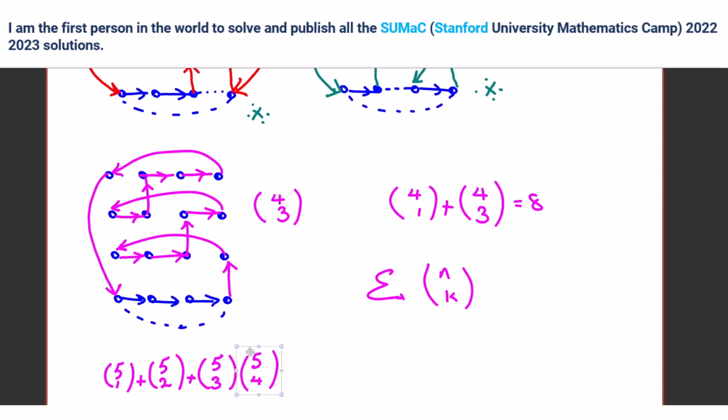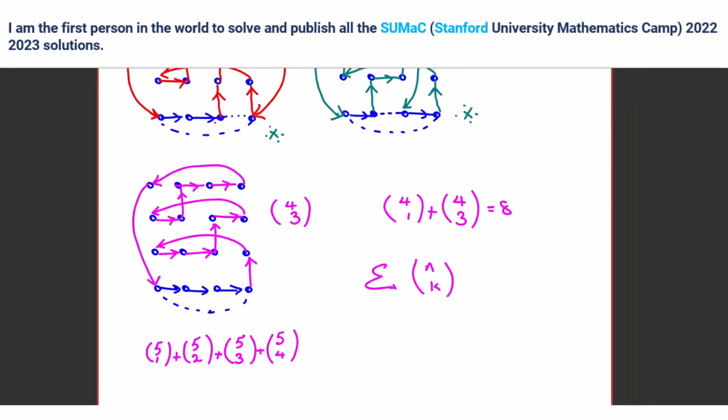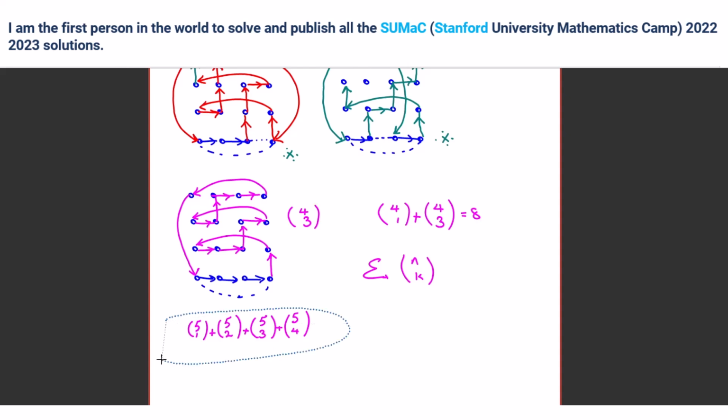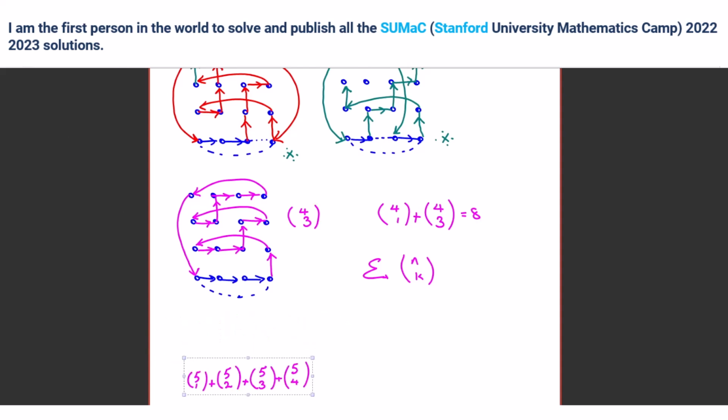Then can you guess n choose what numbers work? For 4, it's 4 choose 1 plus 4 choose 3. For 3, it's 3 choose 1 plus 3 choose 2. So you should check n choose which numbers.